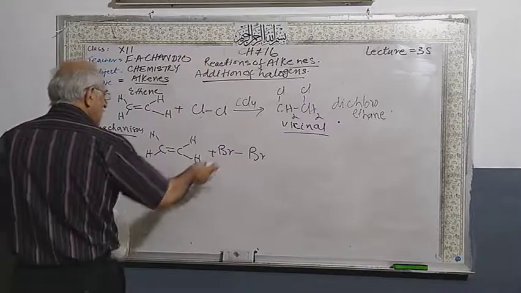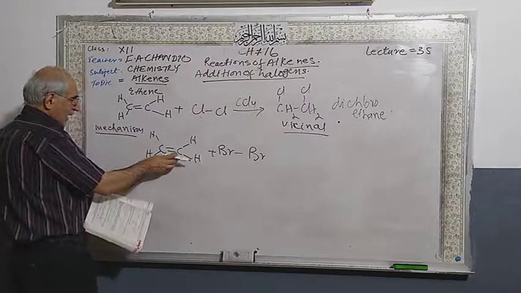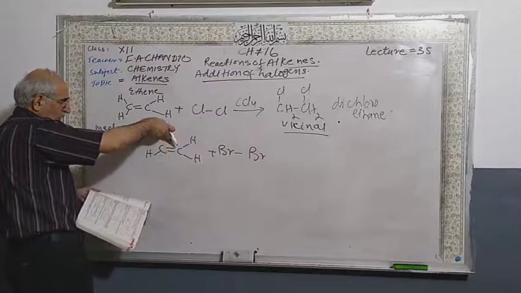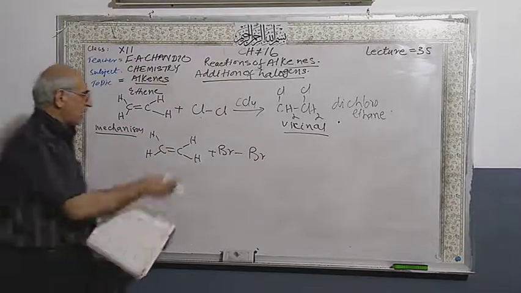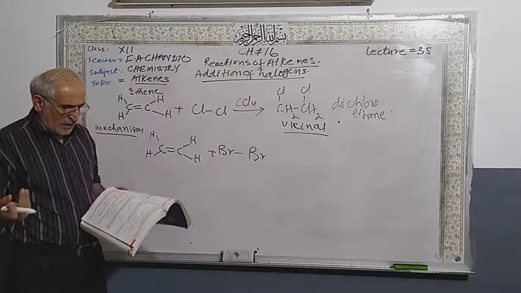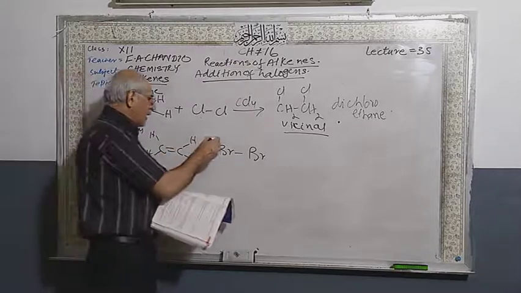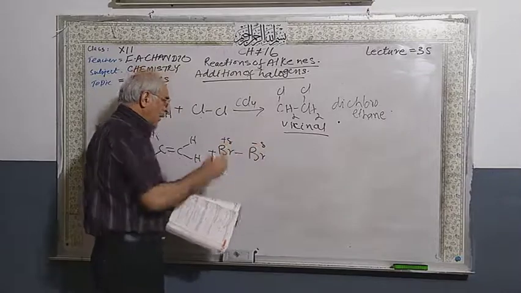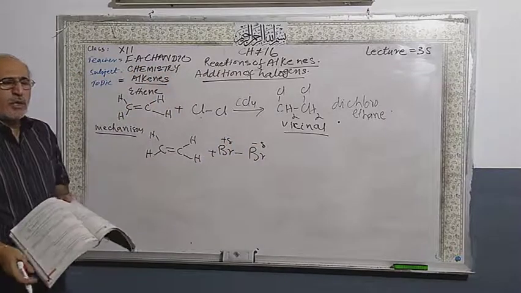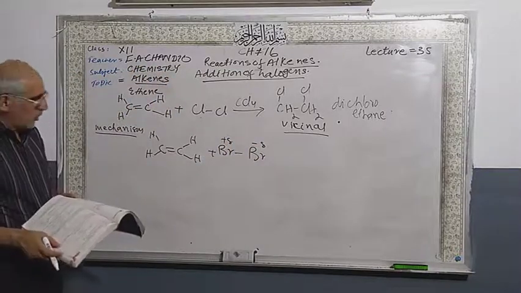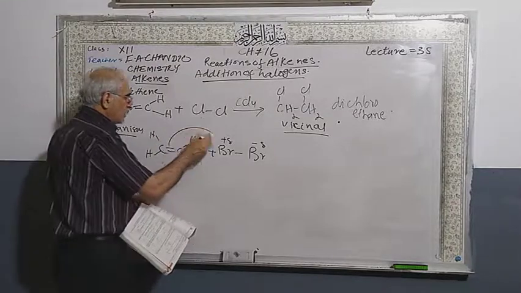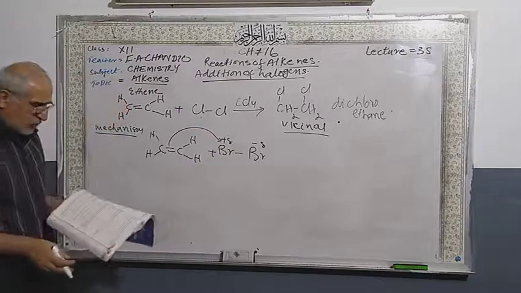So when bromine is added to the alkene, the pi electrons are the nucleophile. One end of the bromine acts as partial positive, and the other end acts as partial negative when it approaches the double covalent bond. This is the nucleophile, and this bromine is the electrophile.